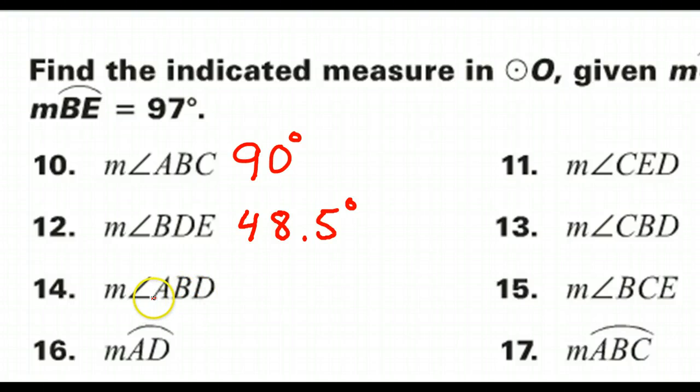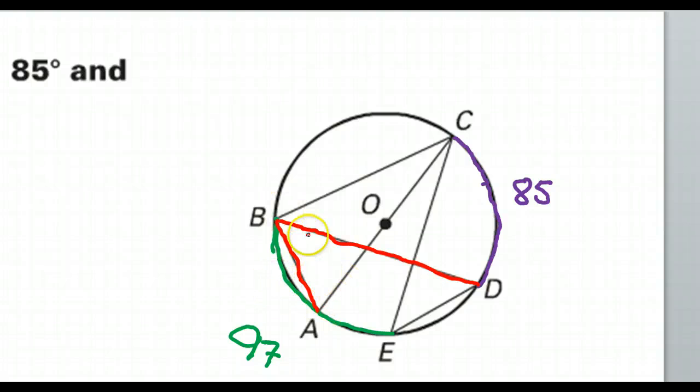Okay, next, ABD. Okay, this is the angle that we are supposed to find now. All right, well, for this problem, this 97 degrees over here is really just distracting us. So I'm going to erase it for a second. And instead, I want to focus your eyes on the semicircle again. So this is still the diameter, which means that this is still the semicircle.